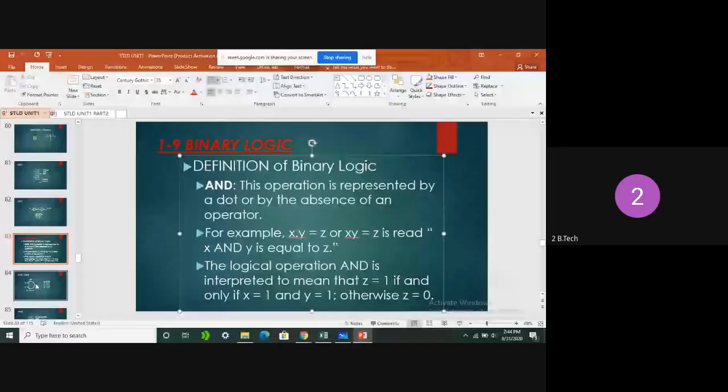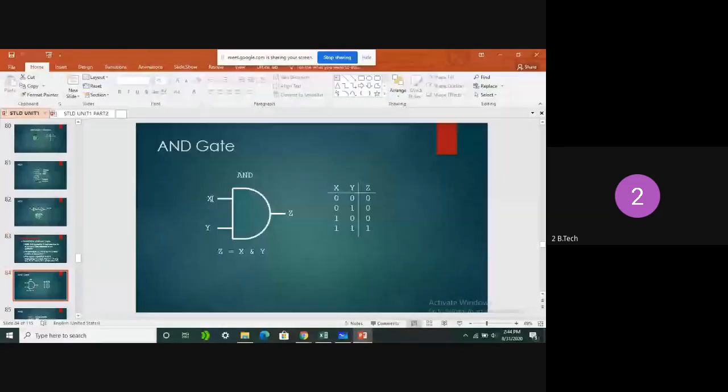See here, this is the symbol for the AND gate. Here X and Y are two input signals, and Z is the output signal. So Z equals X AND Y. See the truth table for the AND gate. On the left side, X and Y have 4 combinations: 0 0, 0 1, 1 0, 1 1.